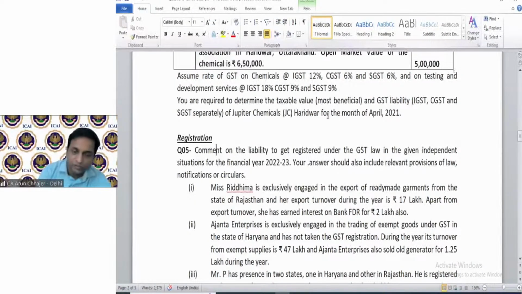Very nice. So the first is: export is an interstate supply. Correct?